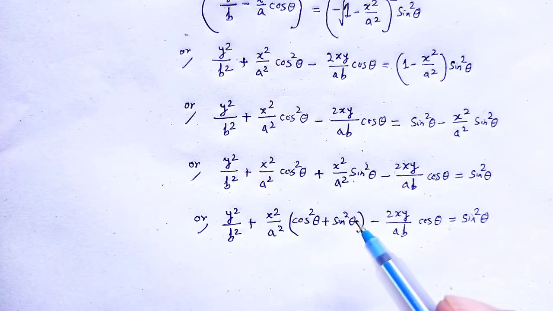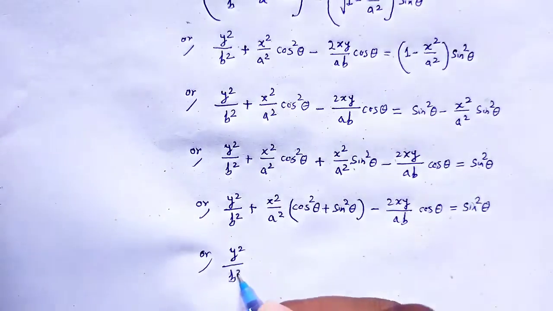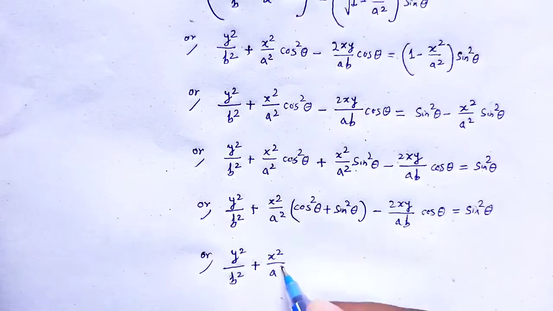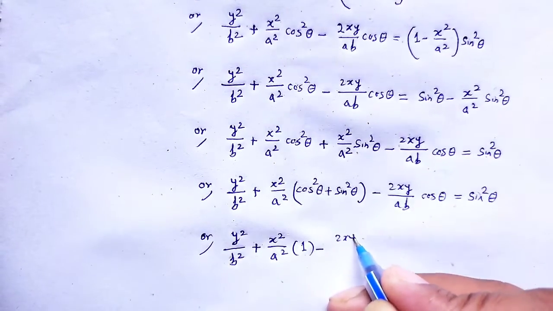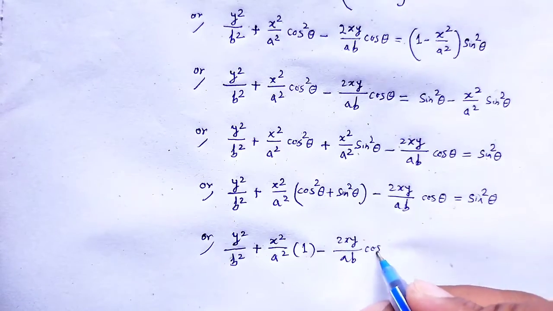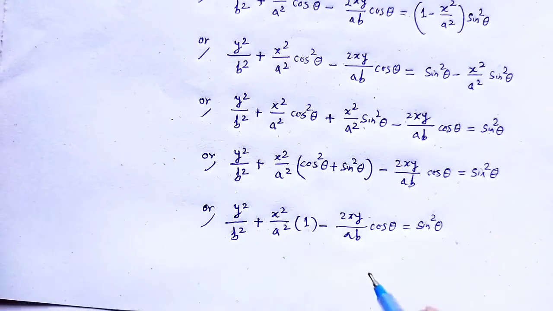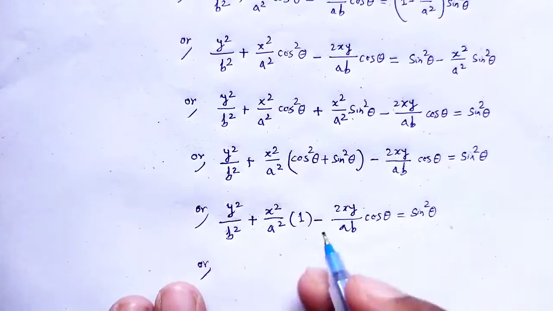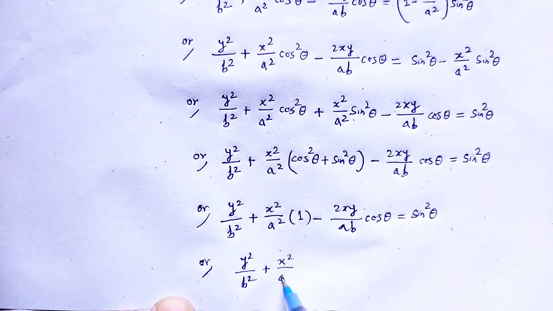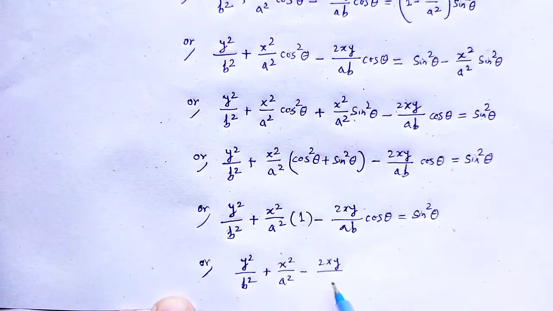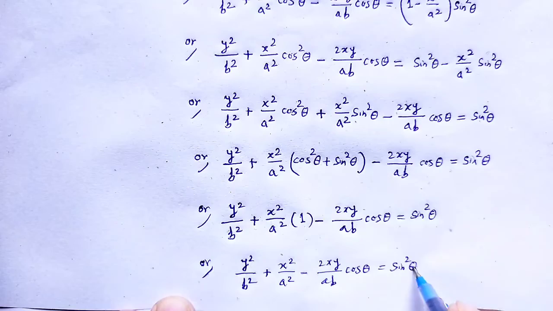Cos square theta plus sin square theta is equal to 1. Therefore, y square by b square plus x square by a square times 1 minus 2xy by ab cos theta is equal to sin square theta, or the equation is y square by b square plus x square by a square minus 2xy by ab cos theta is equal to sin square theta.